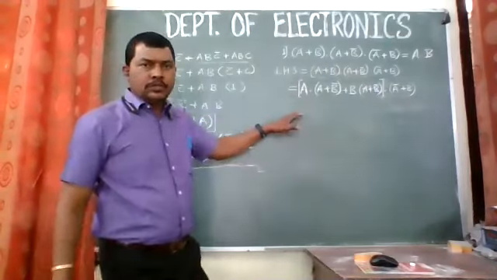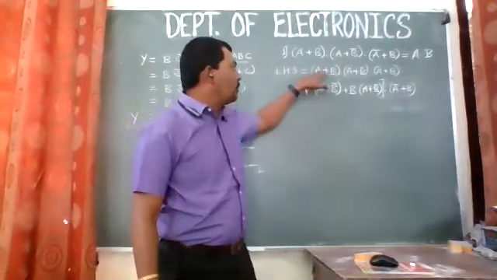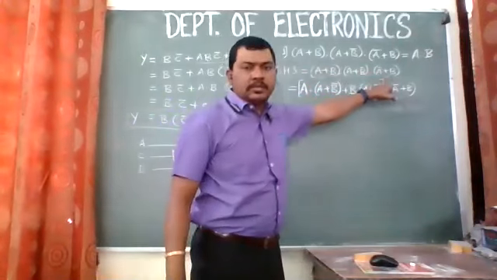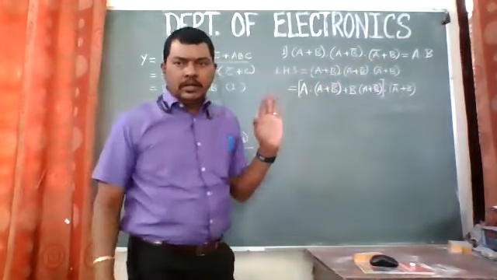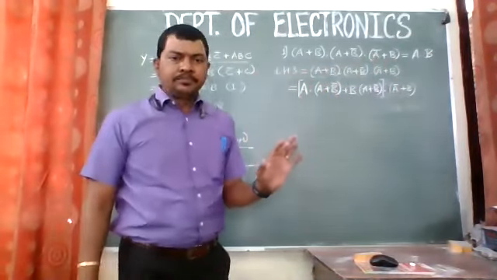Is it visible now? I have just multiplied this whole bracket with this bracket and I kept this bracket as it is. Right?